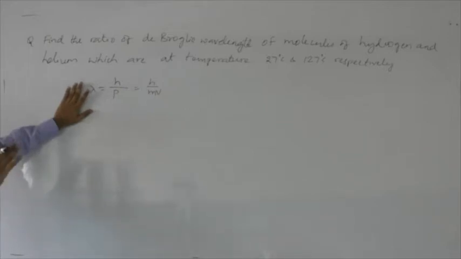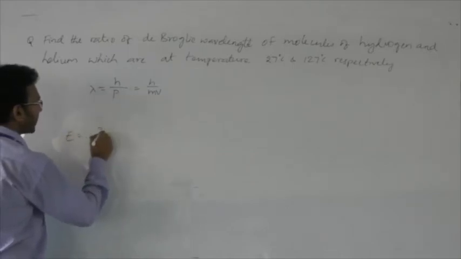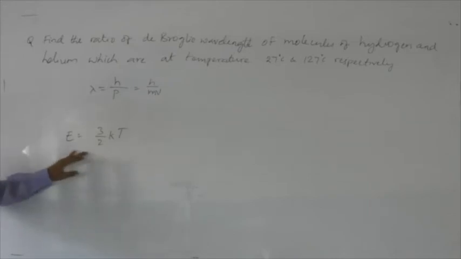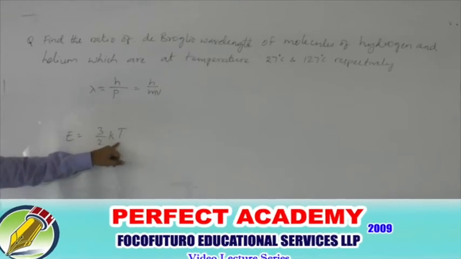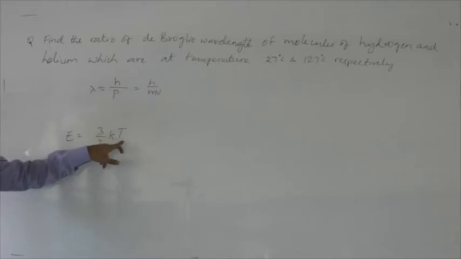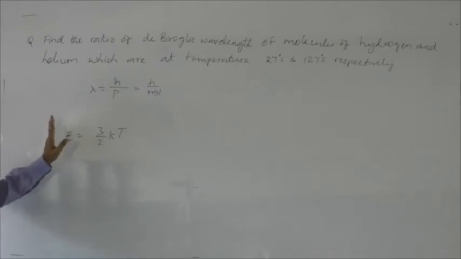If you go back to the kinetic theory of gases, the translational energy possessed by the particle at a given temperature T is E equals 3 by 2 kT, where k represents the Boltzmann constant and T is the temperature in Kelvin. So this is the energy possessed by these molecules.